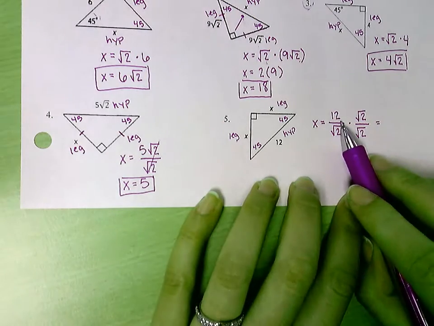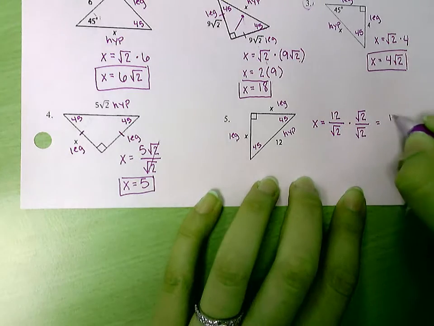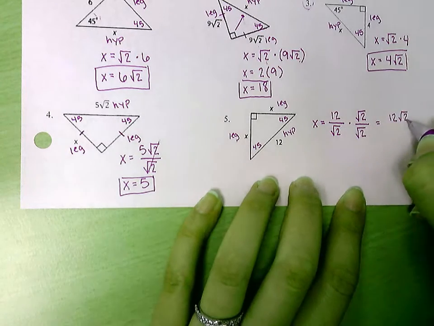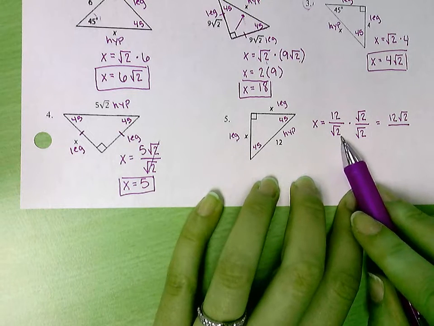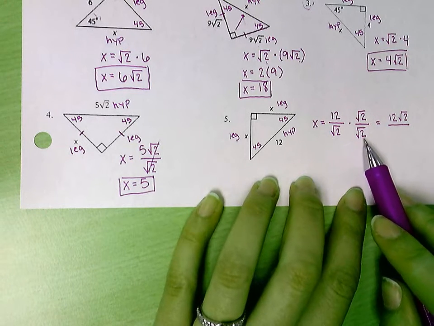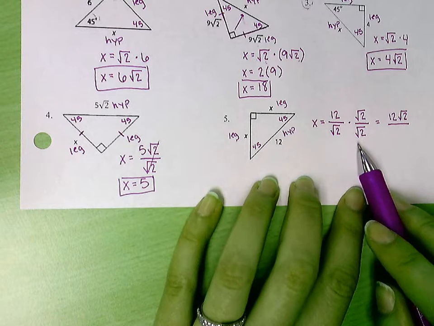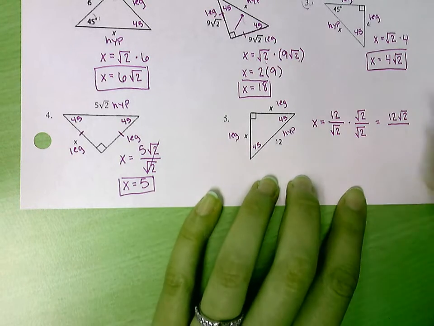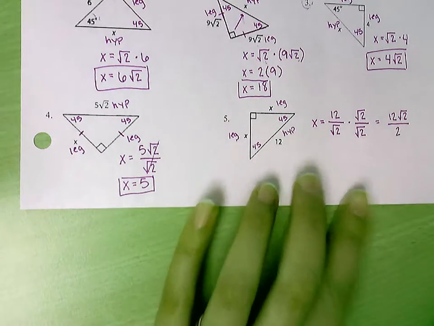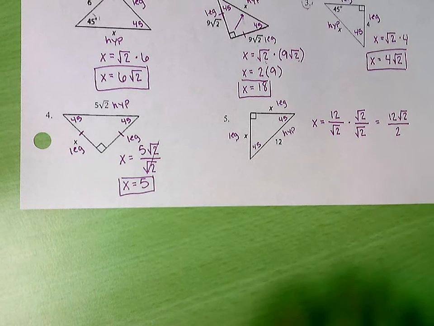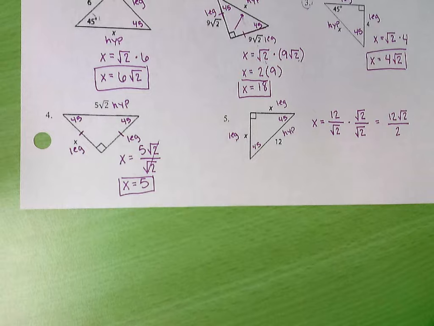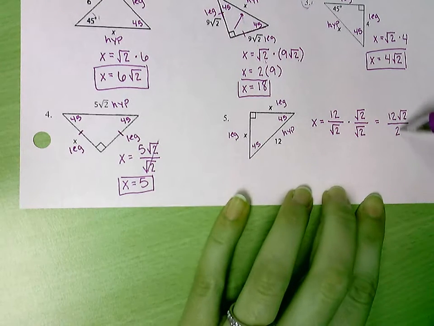So I'll end up with 12 times the square root of 2 over, if I multiply square root of 2 times square root of 2, is the square root of 4, which will equal 2. Okay? Can I simplify this further? Yes.